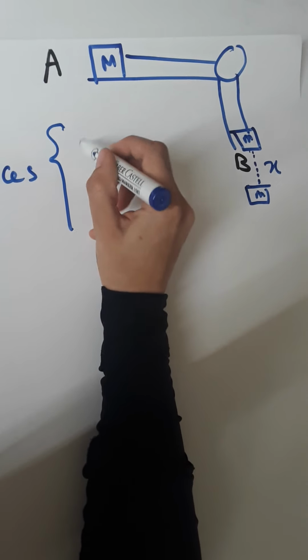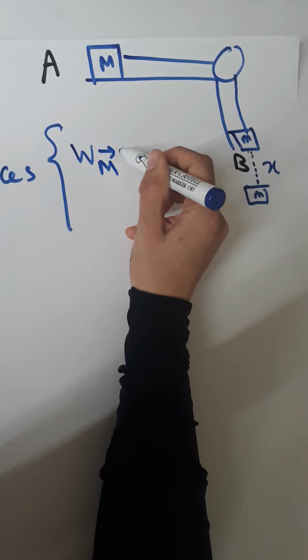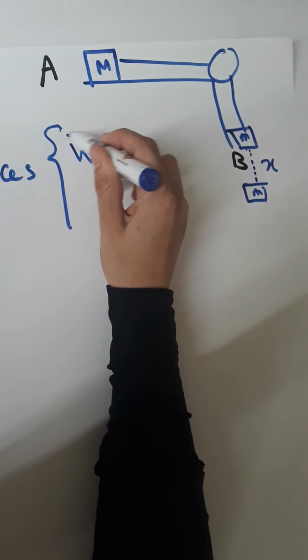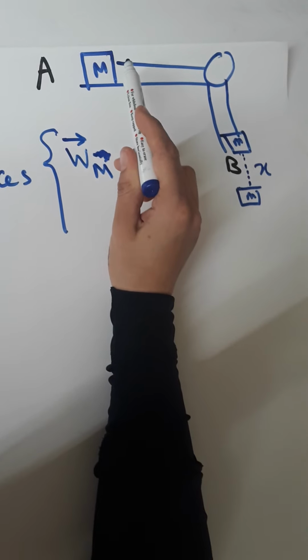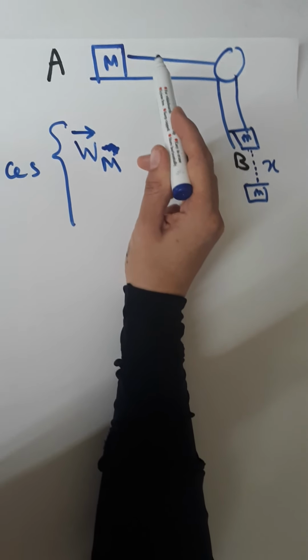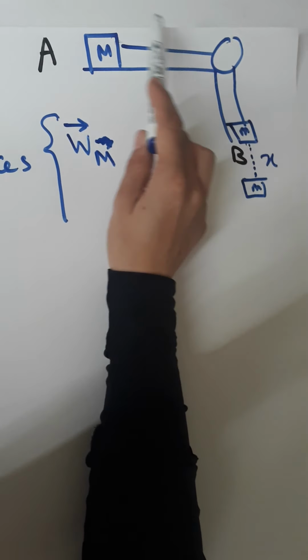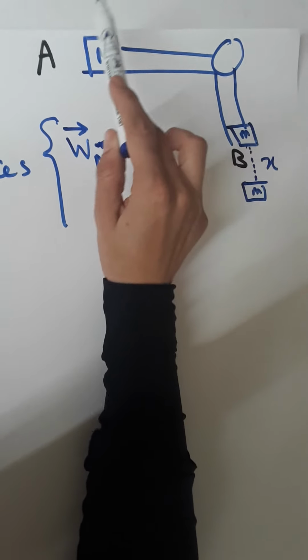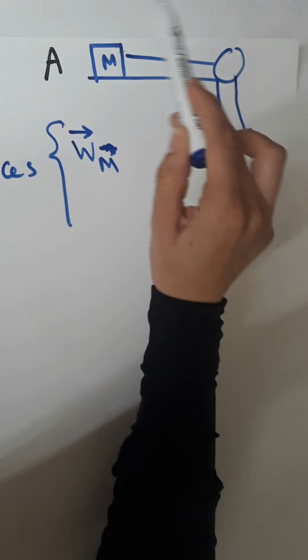There is weight on this mass. Here I have to specify the external forces and not the internal forces. I don't need the tension because I'm discussing the whole system. I want only the external forces acting on all of them.